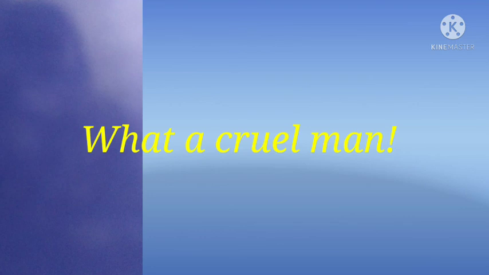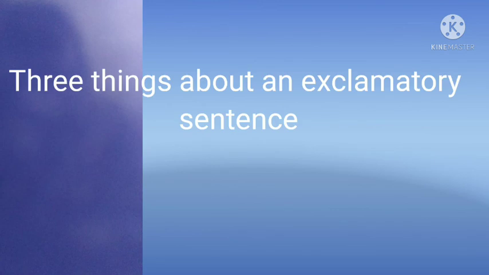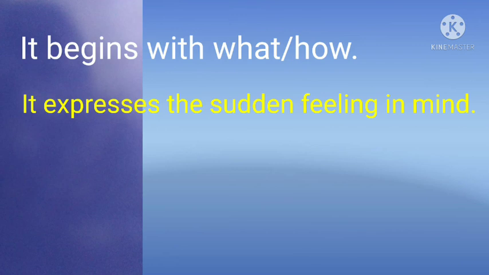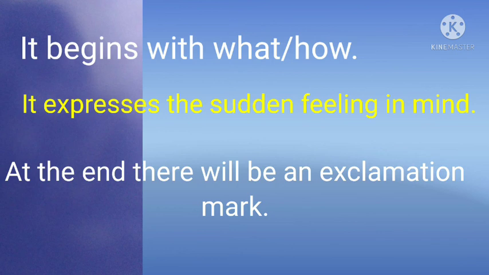I repeat, you have to remember three things about an exclamatory sentence. It begins with what or how. It expresses the sudden feelings in mind, and at the end there will be an exclamation mark.